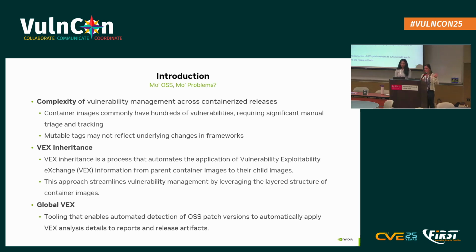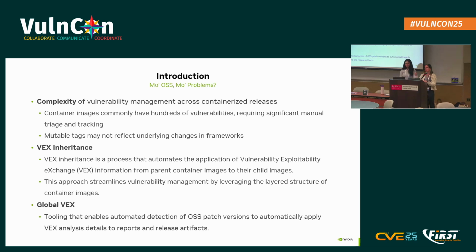VEX inheritance, which we are using to state that when we have a parent image, and parent image in this case is any image in the lineage of your final image, you should be able to determine what the vulnerability analysis is in many cases for that parent image and inherit that to the final image, so that during the release of your final image, you have already done a lot of the analysis for the parent image for both the OSS licensing and also the vulnerability details.